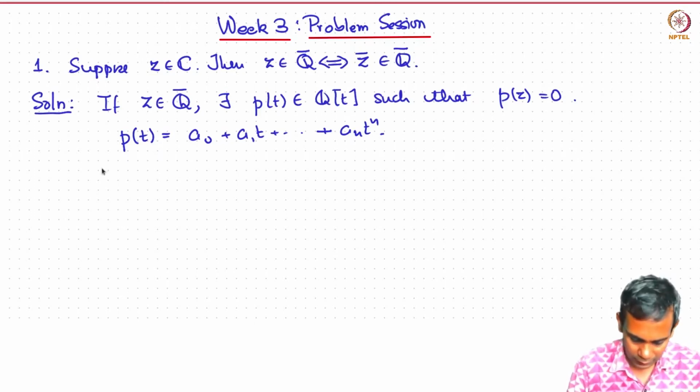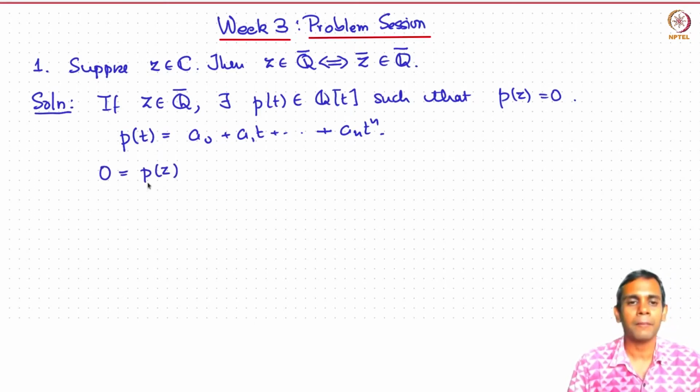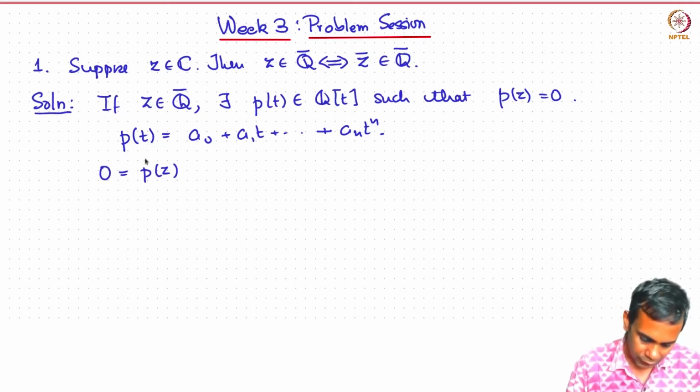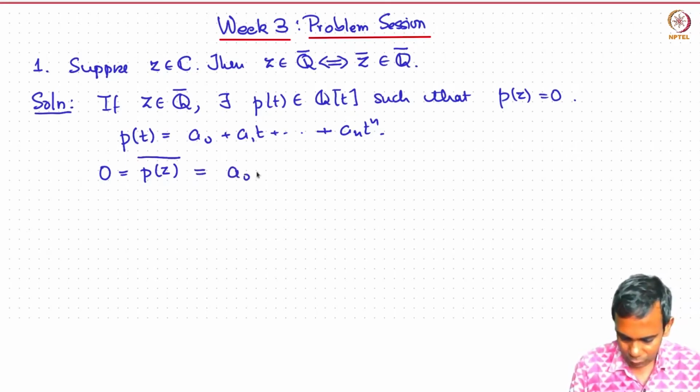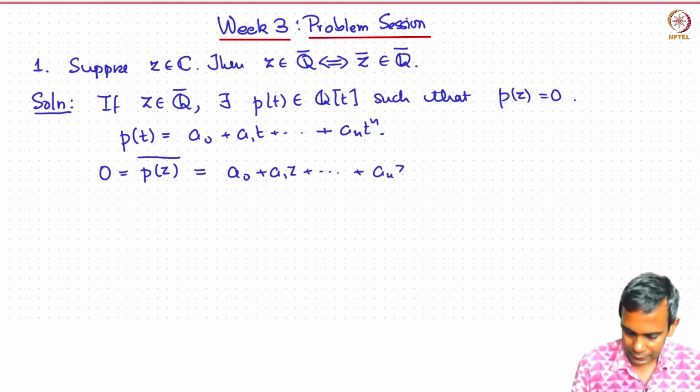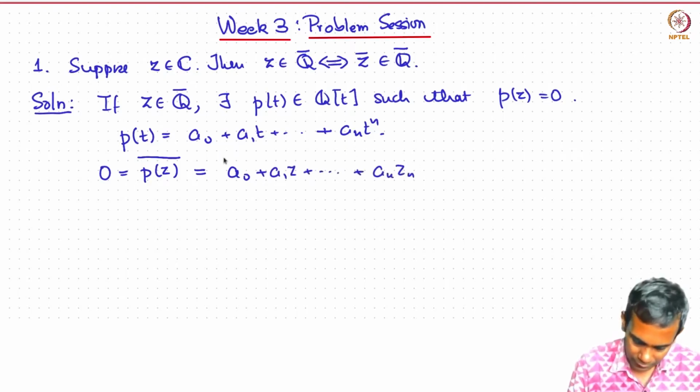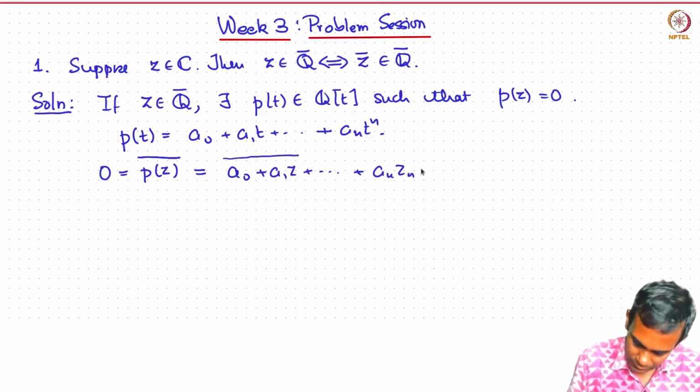This is because 0 is p of z. Taking complex conjugates, we get that p of z, the whole thing bar, is 0. But this is a0 plus a1 z plus ... plus an z to the n, and then we take bar of this whole thing.